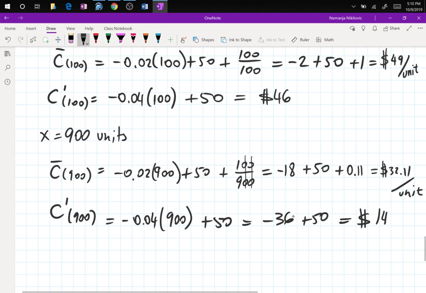So 100 units is going to be at 100 a unit. If you're going to buy 1,000 units, I can drop it down to 60 per unit. Right? 60 per unit. Because look at that.